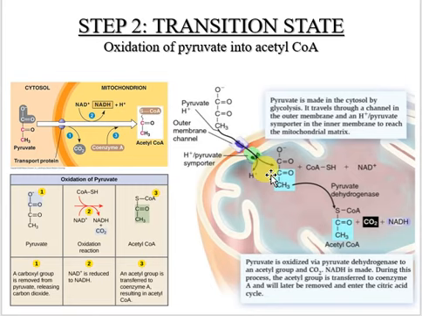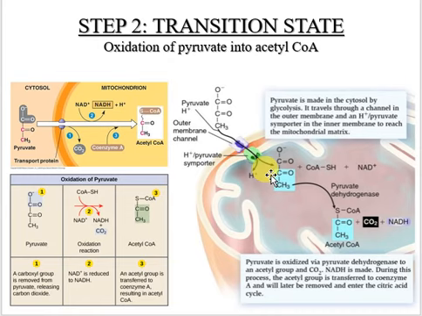Because you have 2 pyruvate molecules produced from 1 molecule of glucose. From 1 pyruvate, you get 1 NADH, so with 2 pyruvate going through this reaction, you get 2 NADH. So here you have 2 NADH per glucose.